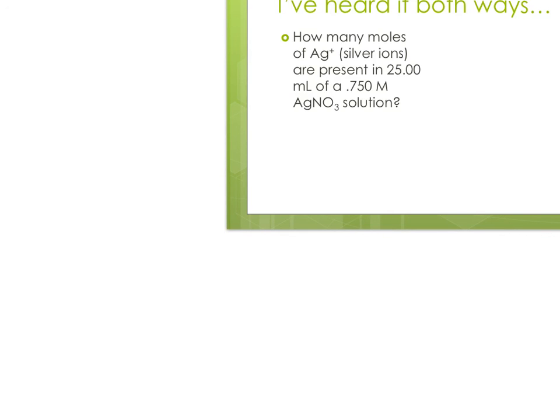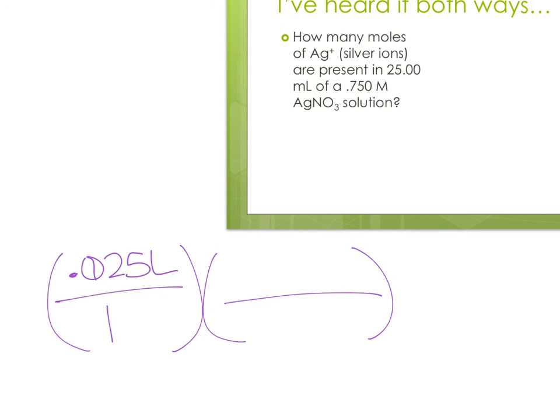25 mL. But my conversion factor is moles over liters. So the first thing I'm going to do is convert that into liters. So I could say 0.025 liters over 1. I know that for every 0.750 moles of AgNO3, I have 1 liter of solution.